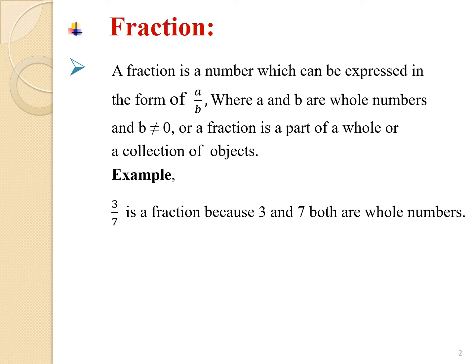A fraction whose denominator is a whole number other than 10, 100, 1000, 10,000, lakh, etc. is called a vulgar fraction. Example: 4 upon 9, 3 upon 13, 9 upon 108, etc.